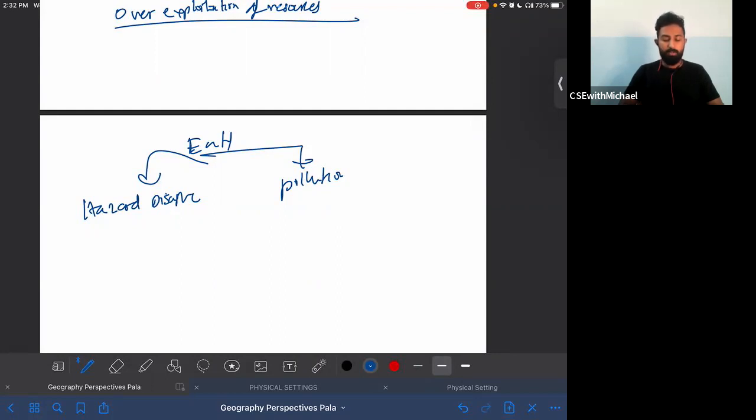Environment may be defined as sum total of conditions within which organisms live. It's a result of interaction between non-living and living components.